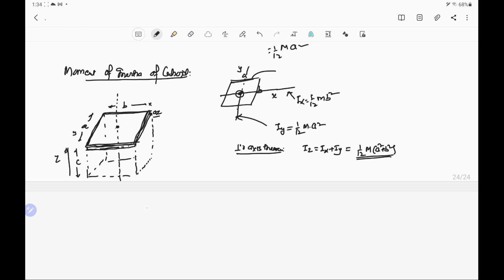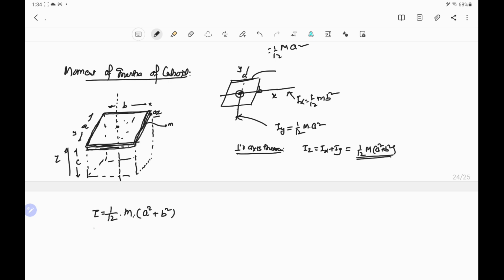In this case, for this sheet, moment of inertia about the axis passing through the center and parallel to the plane of this sheet is 1 by 12 into m, the mass of this elementary part being suppose small m, into the sum of the squares of the sides which are not parallel to the z-axis. That means it will be A square plus B square.